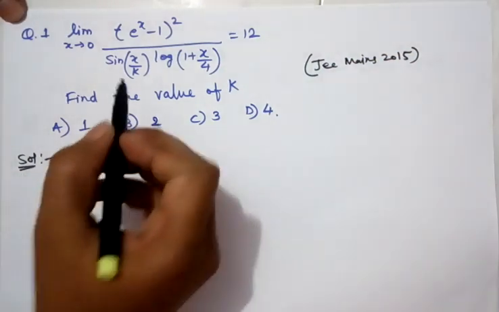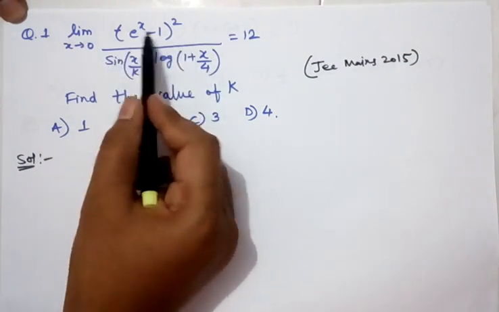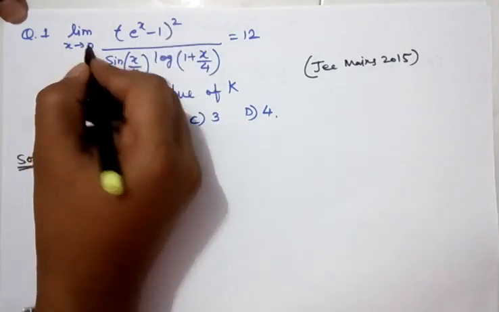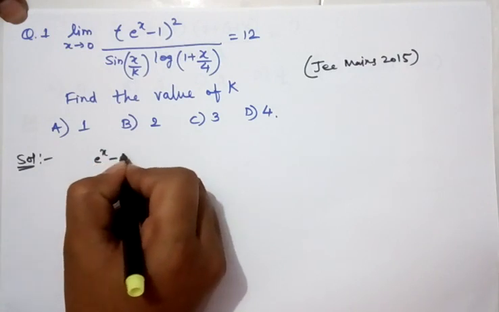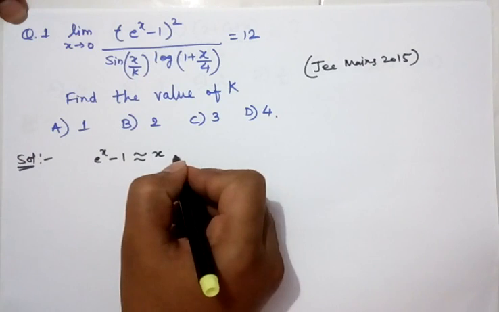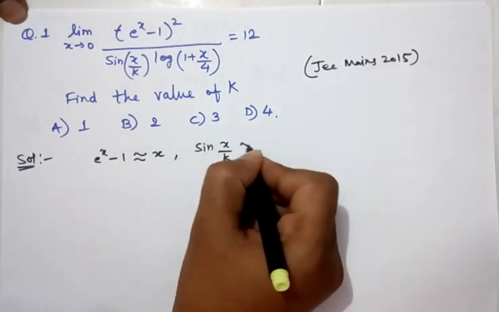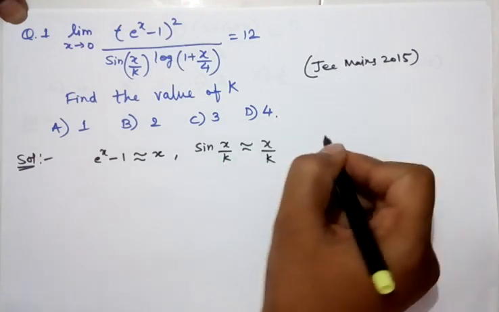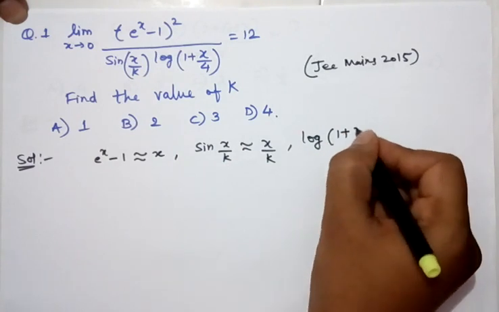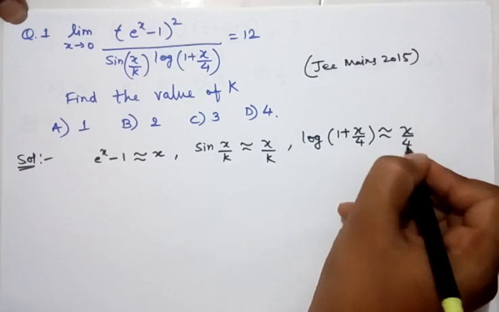Now here we can note that each of the terms is of product type. Here multiplication, here the square term is again multiplication. Now here x is tending to 0, so e power x minus 1 is approximately equals to x. Same way, sin x by k is approximately equals to x by k, and log of 1 plus x by 4 is approximately equals to x by 4.